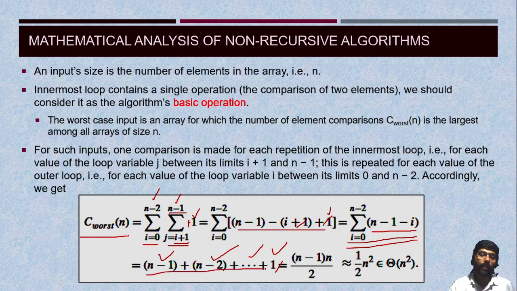When you calculate this series, you get n minus 1 into n divided by 2. That is nothing but half n square. Approximately it is half n square, which belongs to theta of n square. In this way we analyze the algorithm and got the order of growth here.